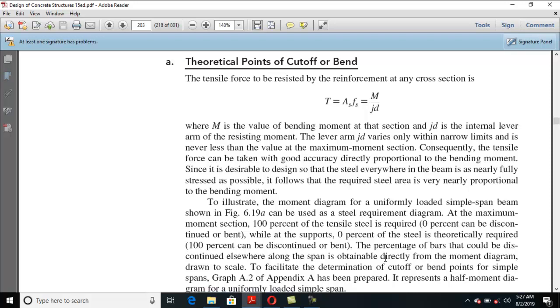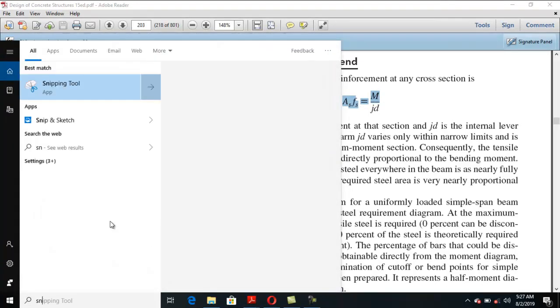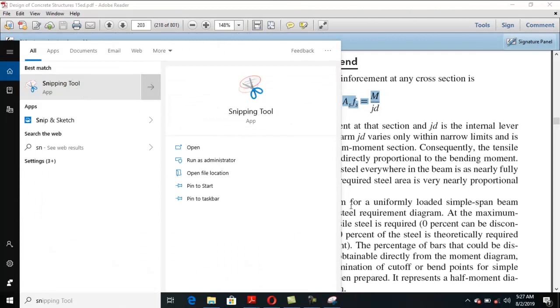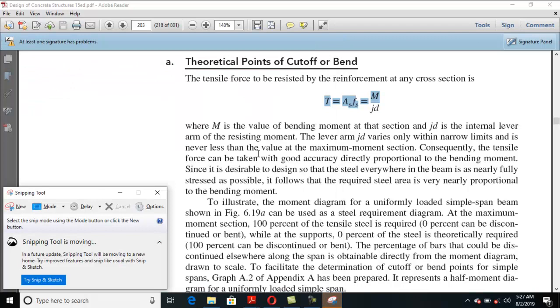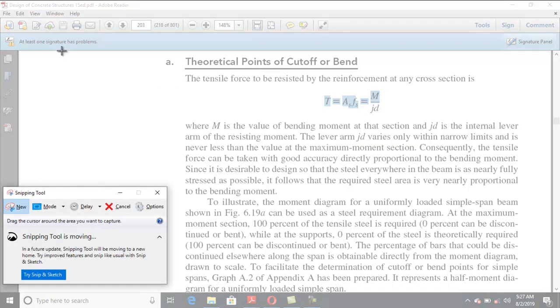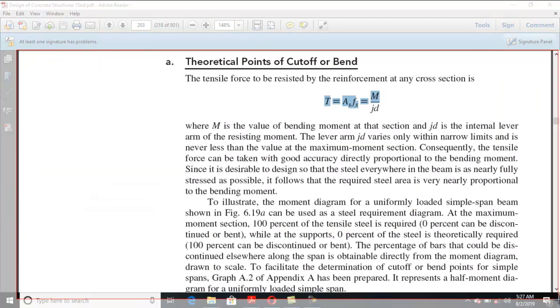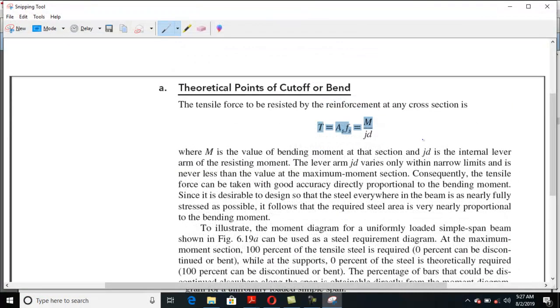From this basic equation written here, the tension force in the steel is equal to the bending moment divided by the lever arm.